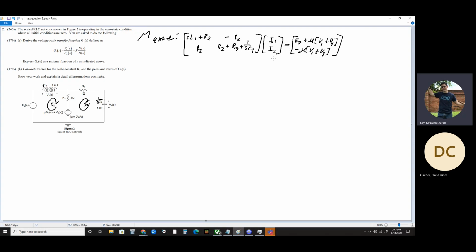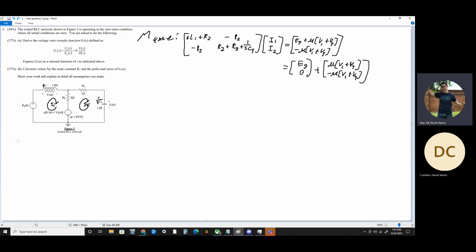Then we split these. We got EG, we got 0. Now we got our dependent sources in their own matrix: mu times V1 plus V4, and negative mu times V1 plus V4. Now we have to figure out what V1 and V4 are. Looking at V1, I1 runs across it.